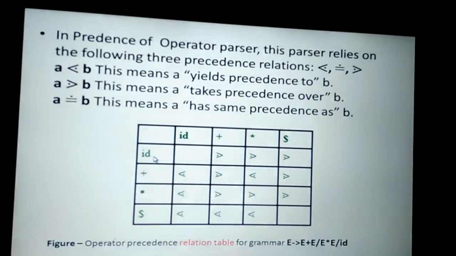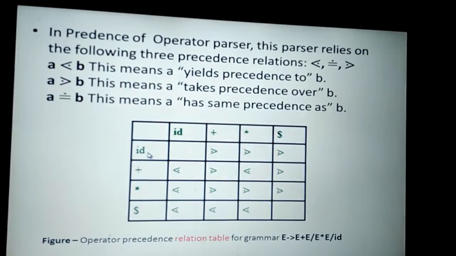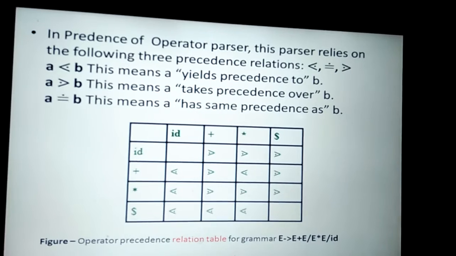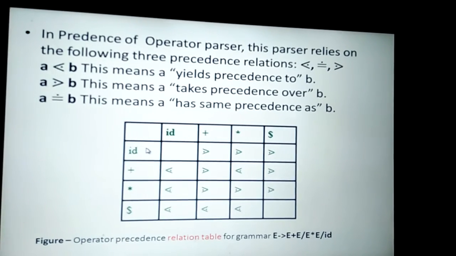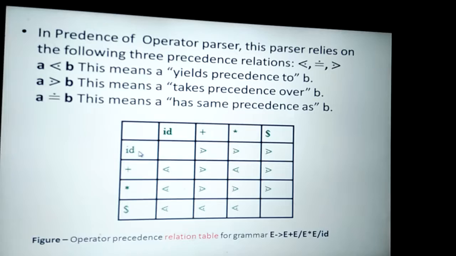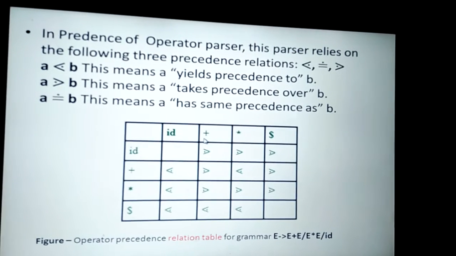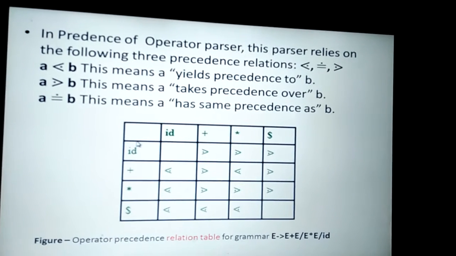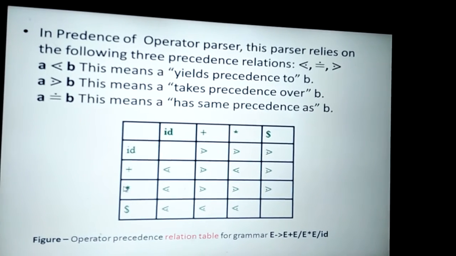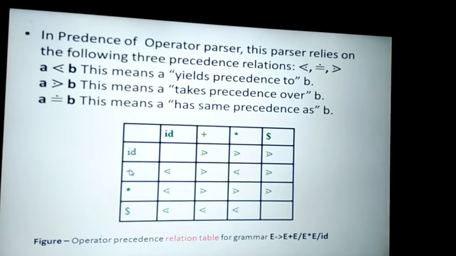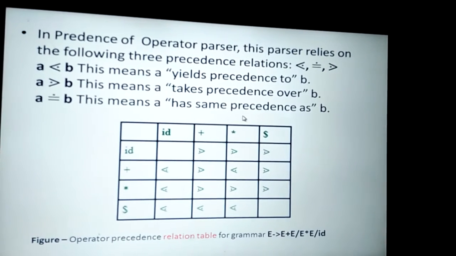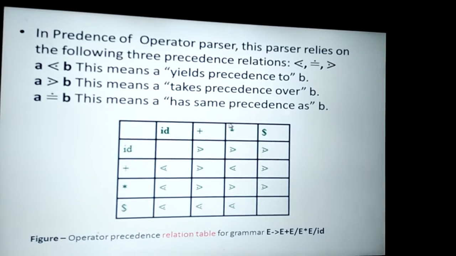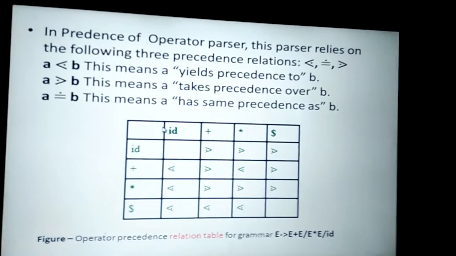So if the precedence is checked between the identifier and the plus, naturally the left hand side of every row is nothing but the A's, and every field of the columns is nothing but the B's.